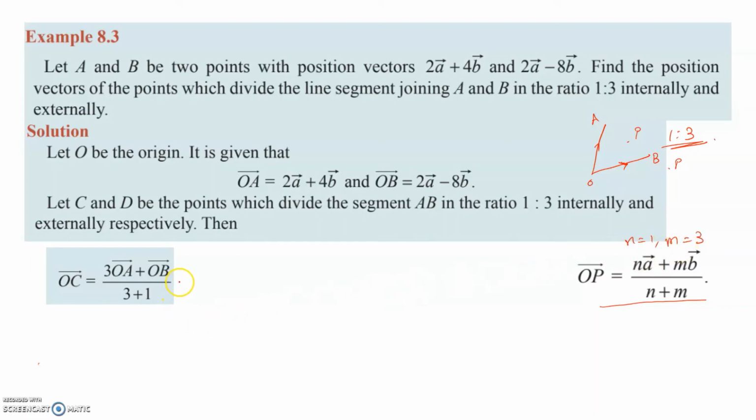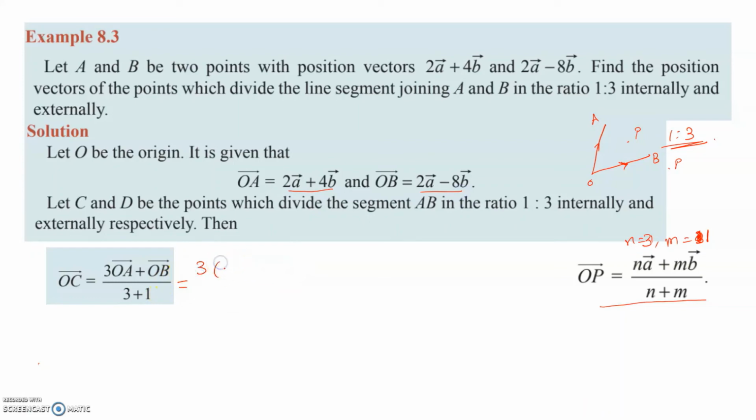So we can say that 3 times OA, which is our vector A, plus 1 times OB, is equal to 3 plus 1. Okay, and let's substitute the value of vector OA, which is this, and vector OB, which is this here.